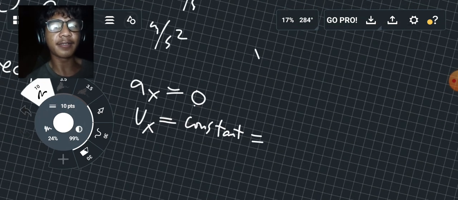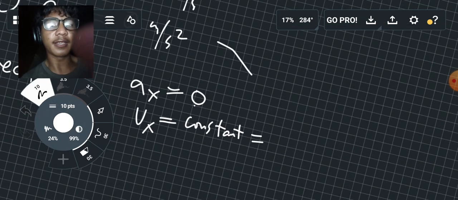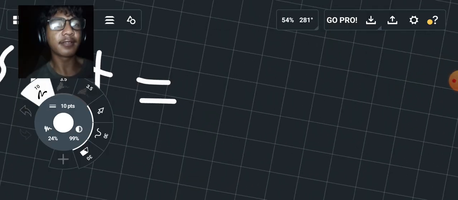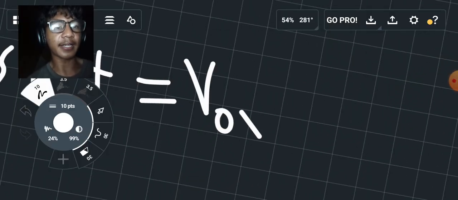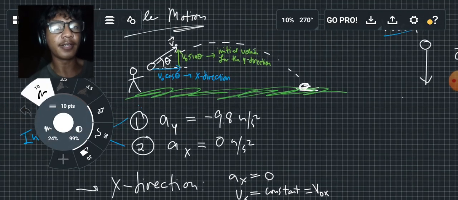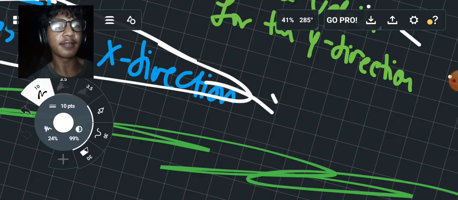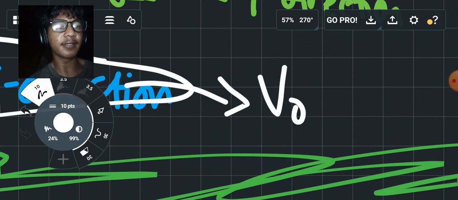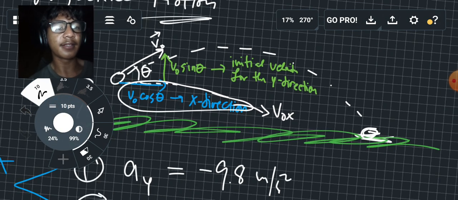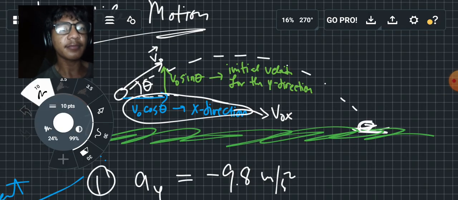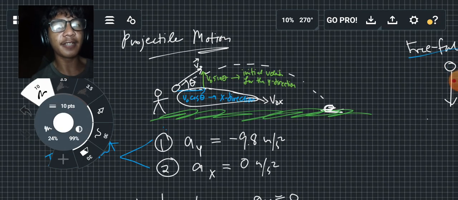and the only value that makes sense for this is v naught x. This is v naught x. Oh no, it's the x component of the initial velocity.